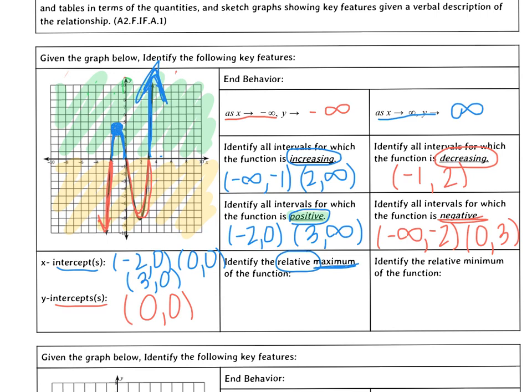The name of that point is (-1, 4). All right, so the minimum is going to be the lowest point, right? So the lowest point is going to be this point right here, and we're going to call that point (2, -8).